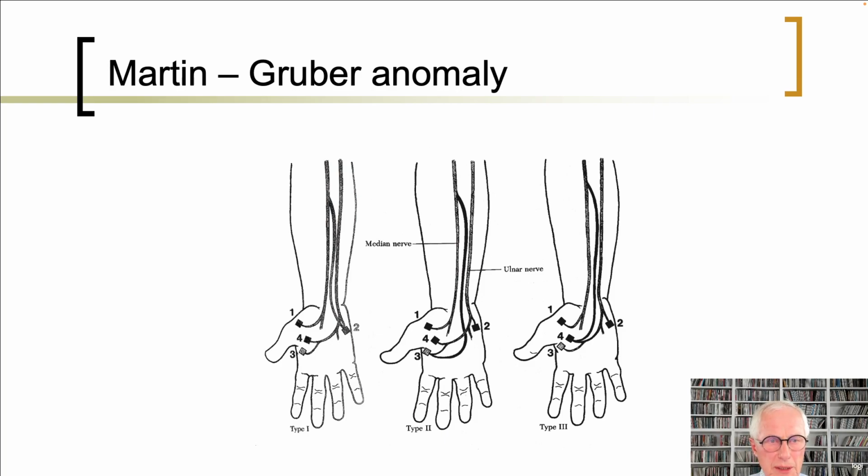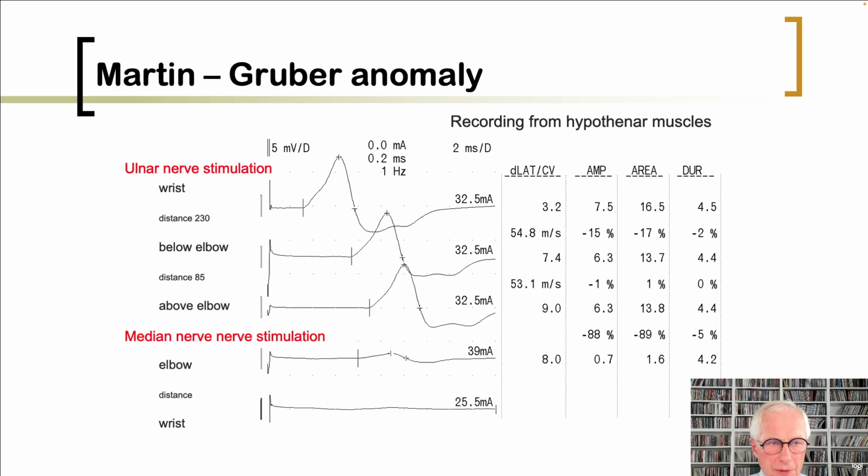When we do the motor neurography, the anomaly will look like this. Here we are stimulating the ulnar nerve at the wrist, below elbow and above elbow, and you can see that the amplitude drops when we come from the wrist to the below elbow.